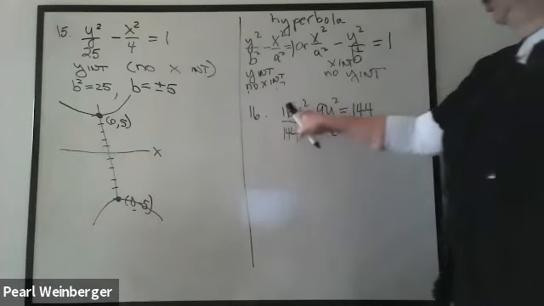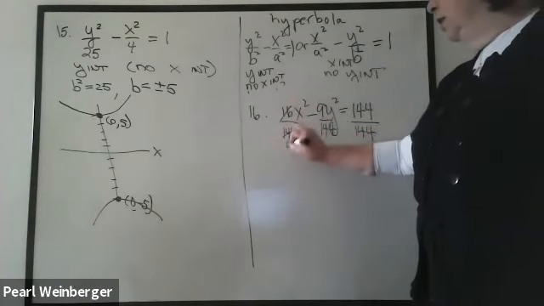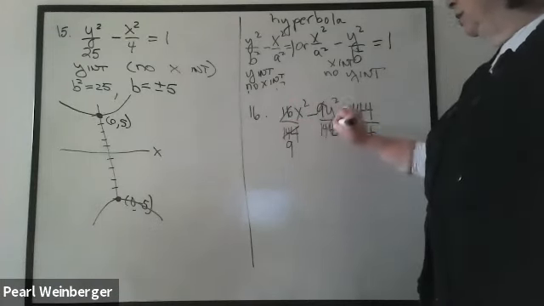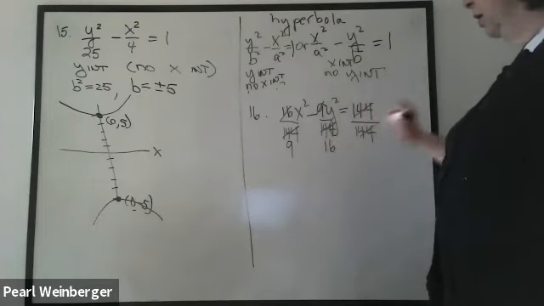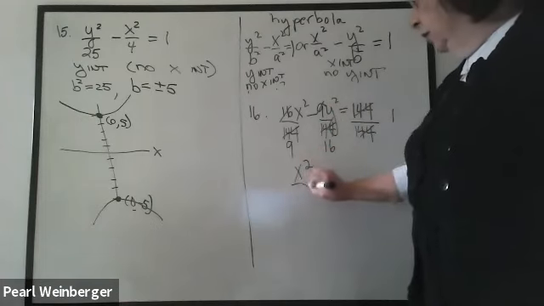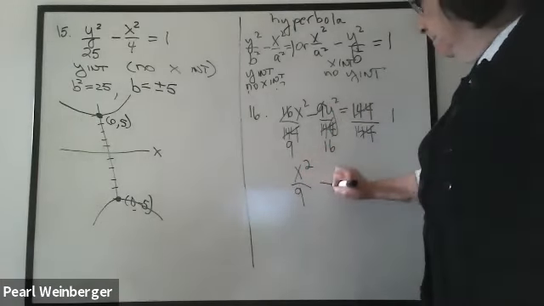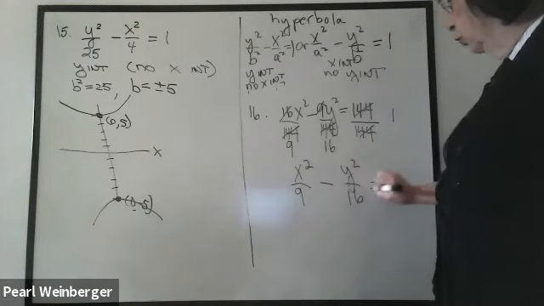And reduce. 16 goes into 144 and gives me 9. 9 goes into 144 and gives me 16, and this goes down to 1. So this will be in standard format, x² over 9 minus y² over 16 equals 1.